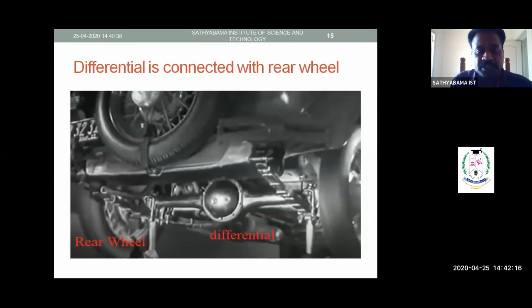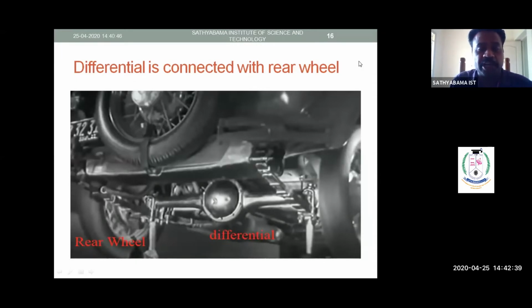This is the pictorial representation of the differential, which is placed in the rear wheel axle in any automobile car. The differential is connected with the rear wheels. In the middle you can see one round sphere, that is the differential. It joins the rear wheels, and there will be a propeller shaft.